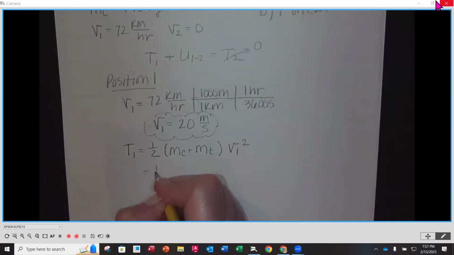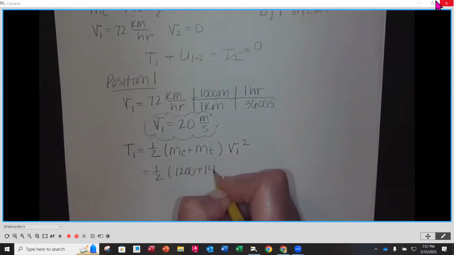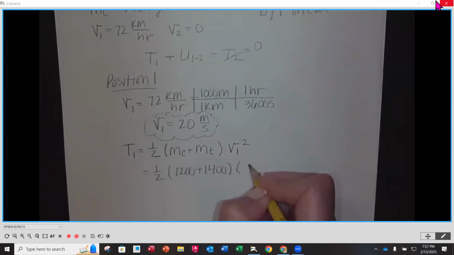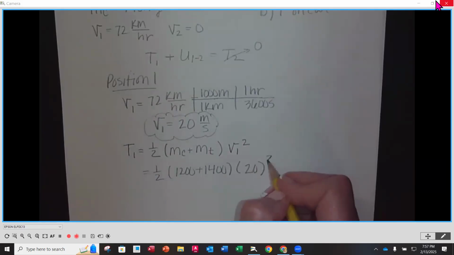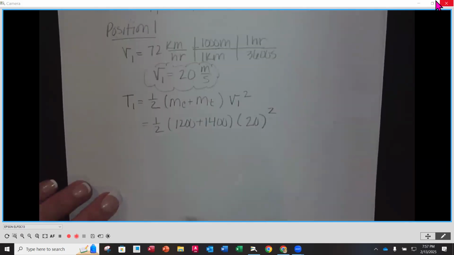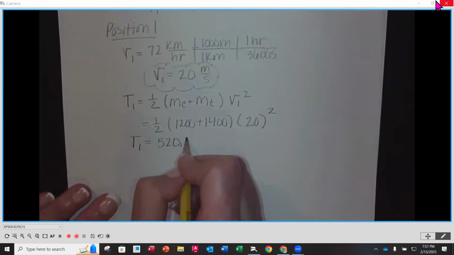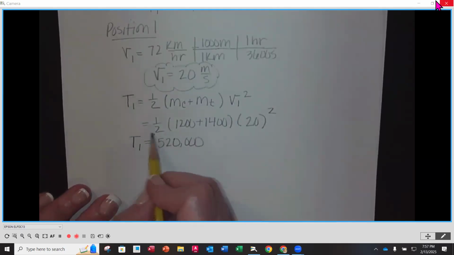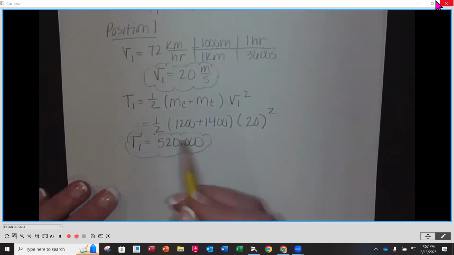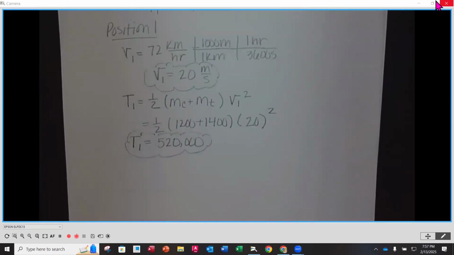So this is 1/2 times 1,200 plus 1,400 times 20 meters per second squared. So our T1 is going to be 520,000. That should be Newton meters.